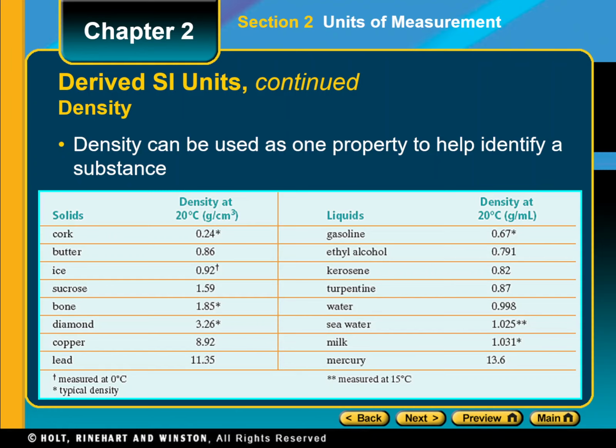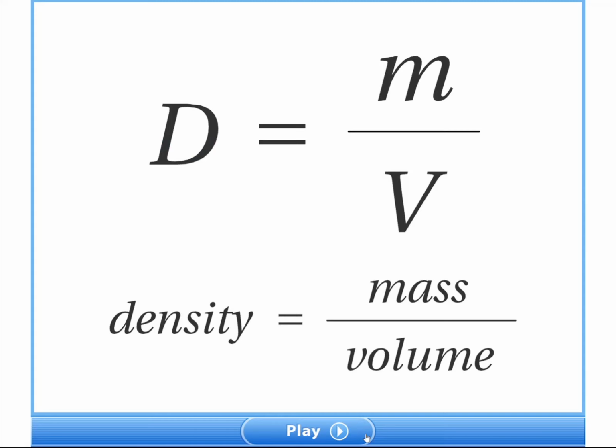If a cork cylinder were added to a graduated cylinder, it would float on top of the water, which would float on top of the copper, which would float on top of the mercury. The density of a substance is equal to the mass of the substance divided by its volume.